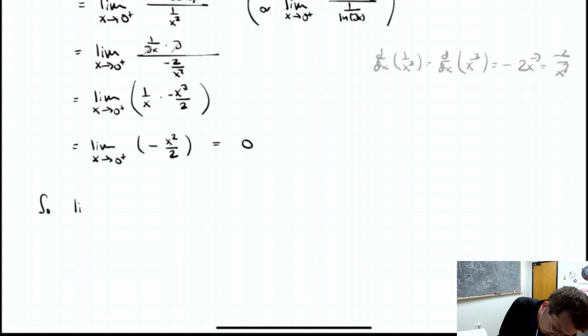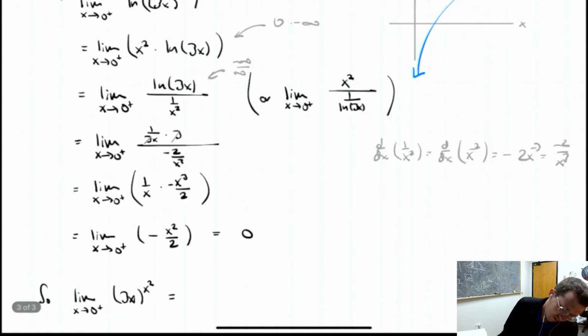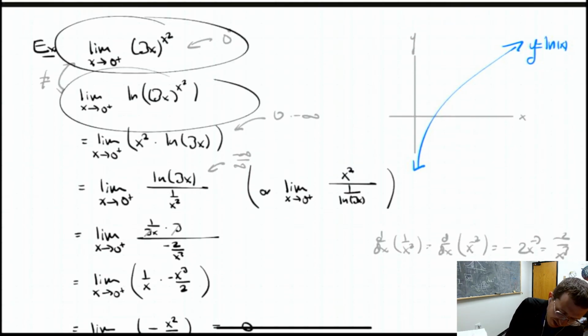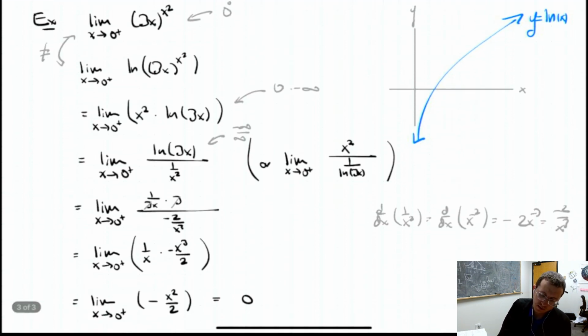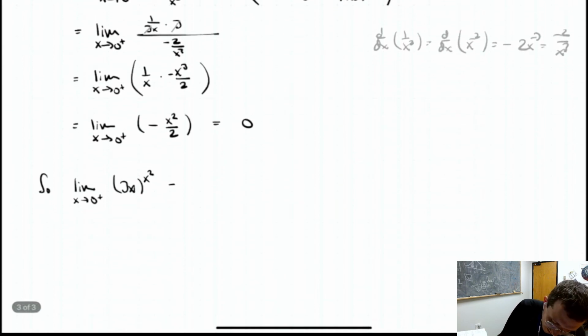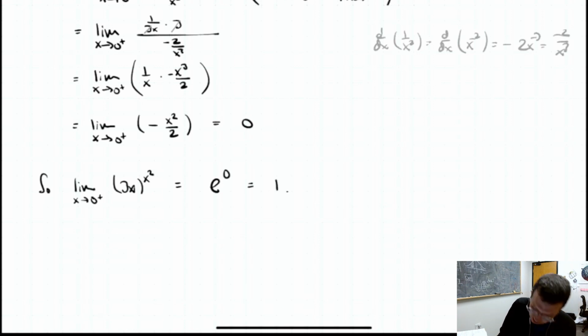Fortunately, once we know this, we do know the original limit, because if we took the ln, then to undo the effect of that and get the correct answer, we undo that by exponentiating. So if I get 0, I raise e to the 0. And that gives me 1.